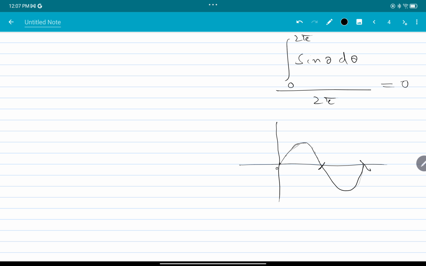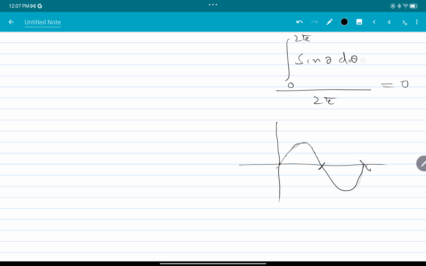When you sum them up, you get a sum of 0. So the average value of this over a full cycle is 0. That is this simple intuitive way of finding this average value.